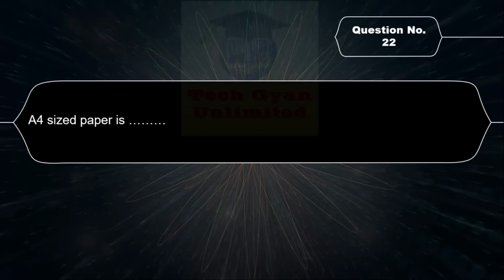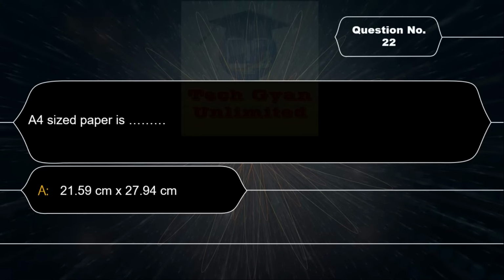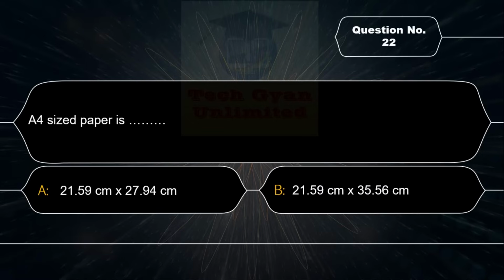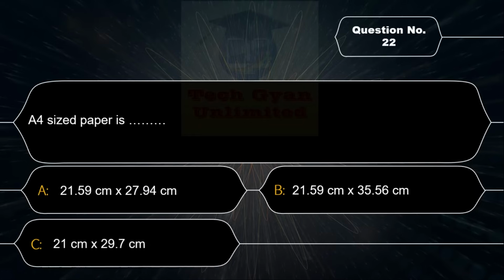A4 size paper is? Option A, 21.59 cm by 27.94 cm. Option B, 21.59 cm by 35.56 cm. Option C, 21 cm by 29.7 cm.